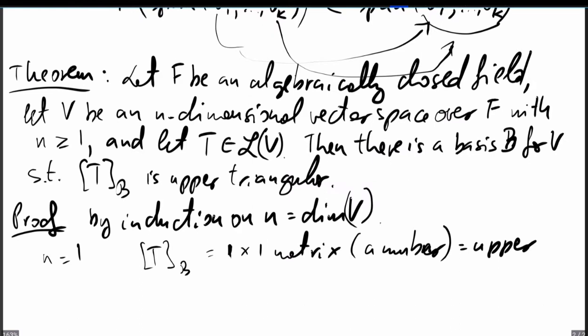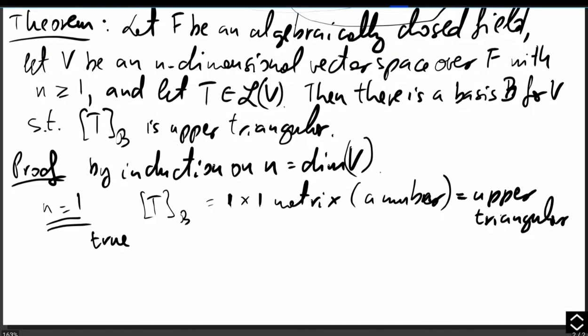Well, there is the diagonal with the one entry, and there's nothing under it. That's definitely considered to be 0. For nothing, everything is true: any entries under the diagonal are 0, as there is no entry actually under the diagonal. So it's trivial that for n equals 1, this statement is true.